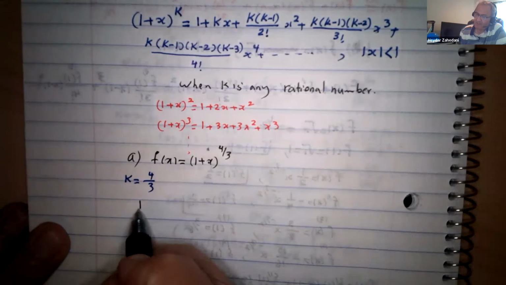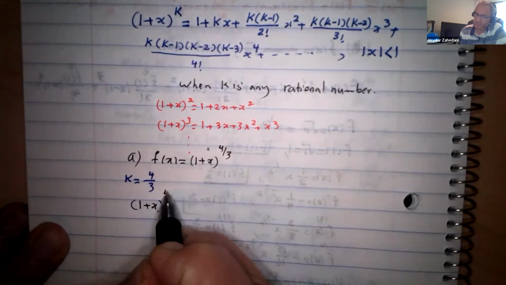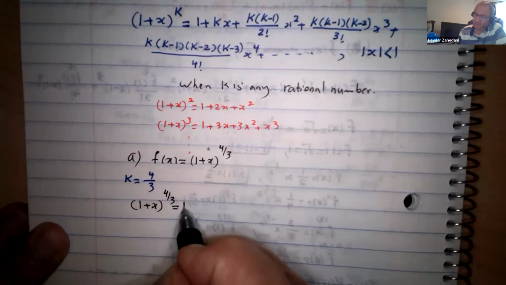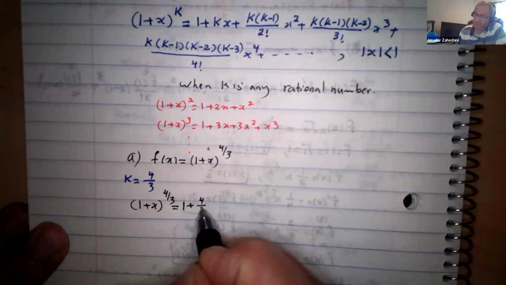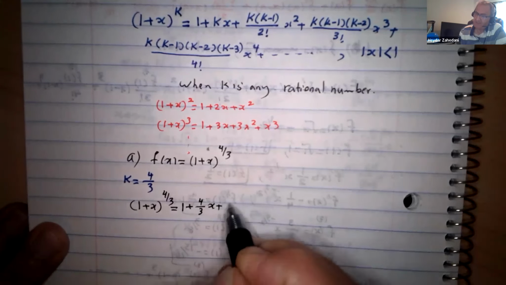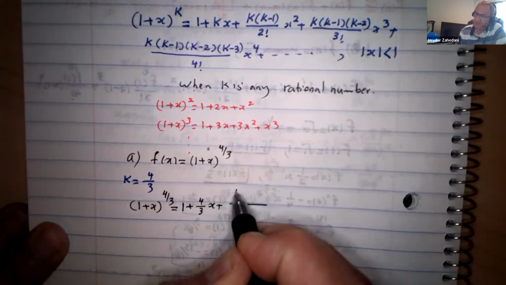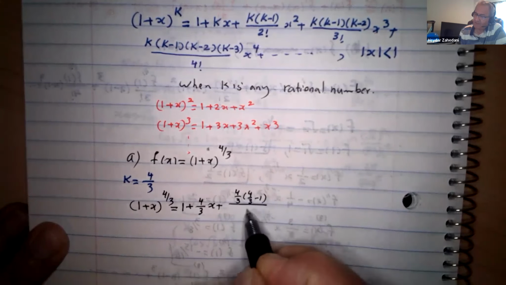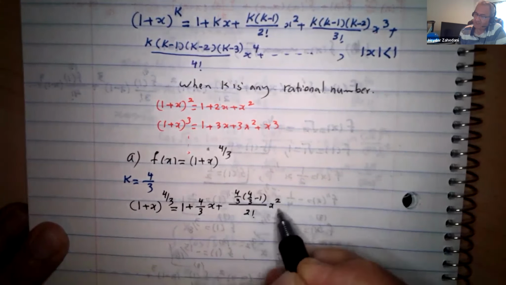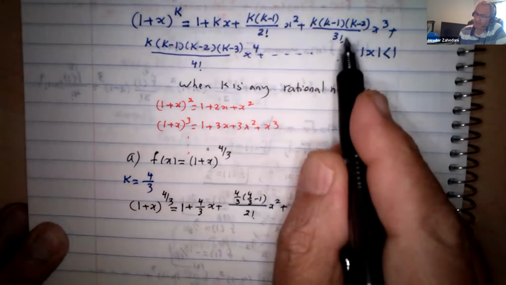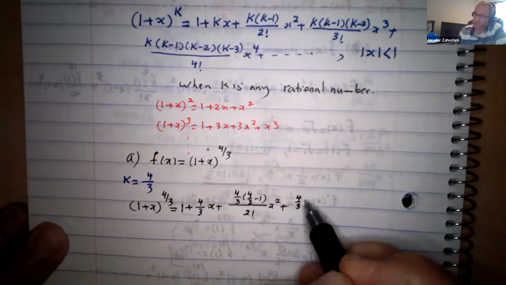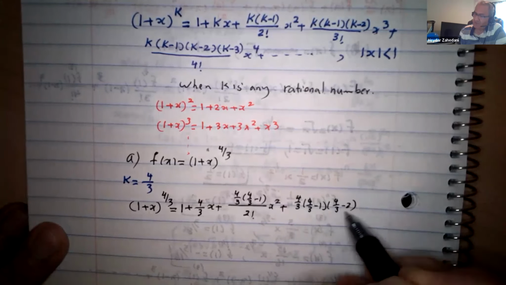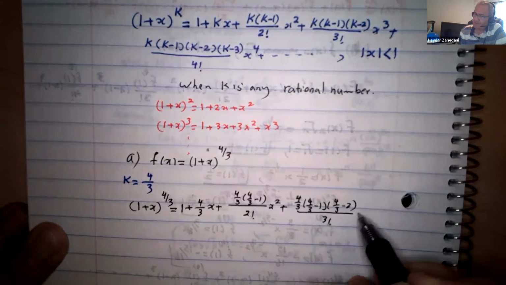So there you are. 1 plus x to the 4/3 equals, I just use the formula, replace k by 4/3: 4/3 x plus, on the top, 4/3 times 4/3 minus 1 divided by 2 factorial x squared, plus, you repeat it, 4/3 minus 1, 4/3 minus 2 over 3 factorial x to the third.